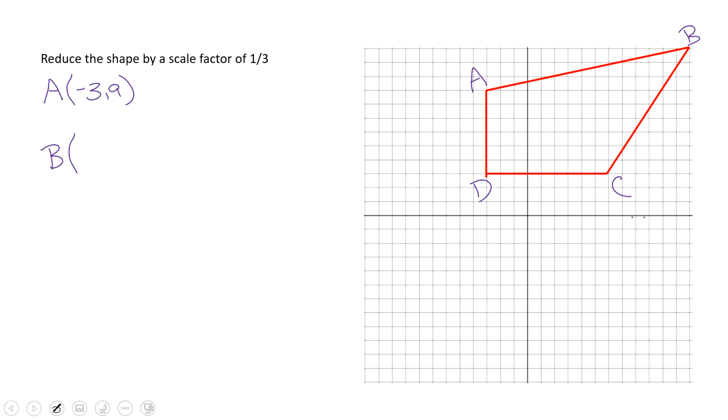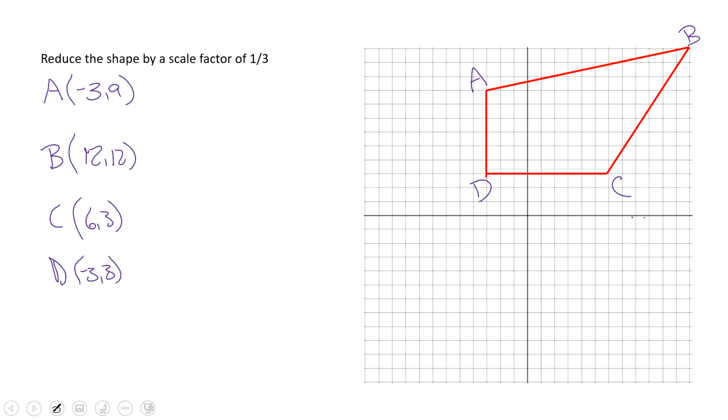That's 12 by 12. Point C is 6 up 3. And point D is -3, 3.